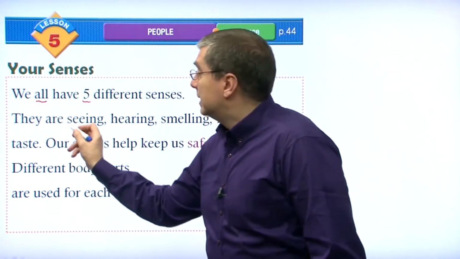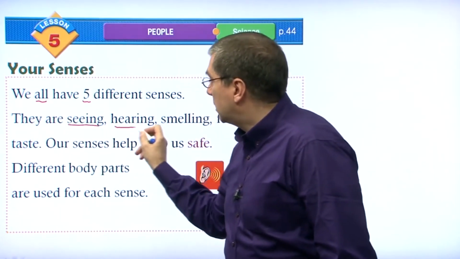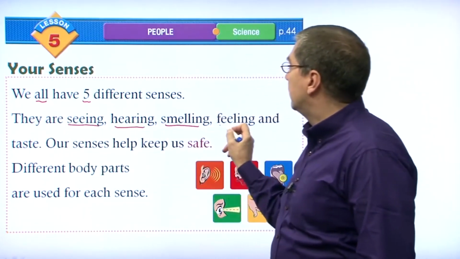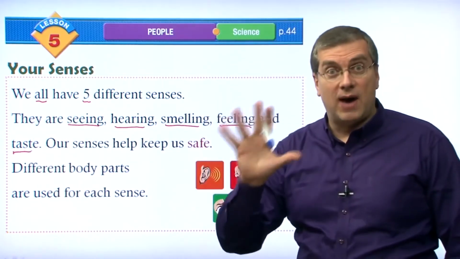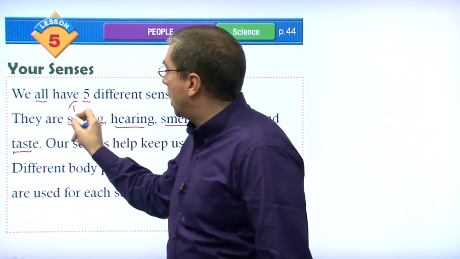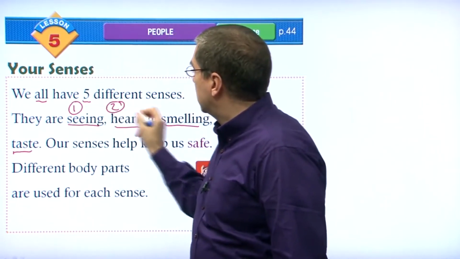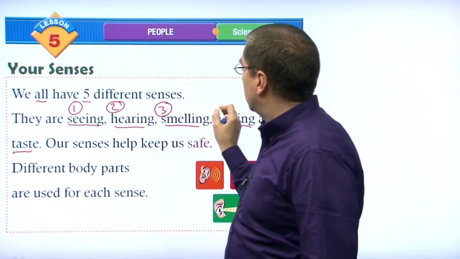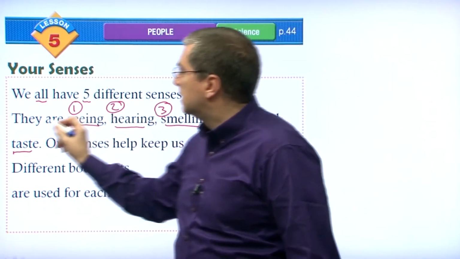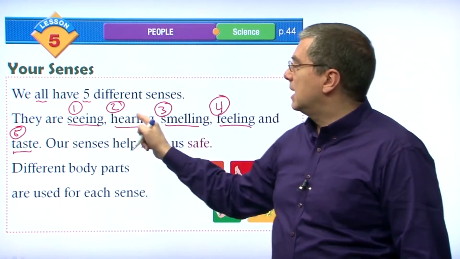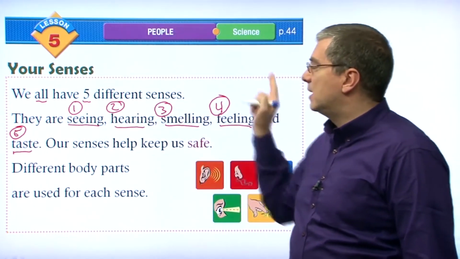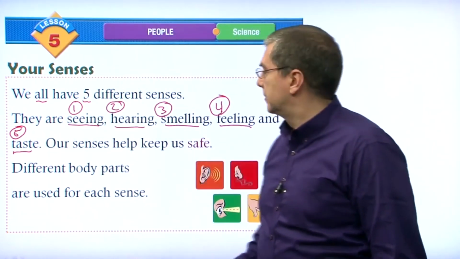They are seeing, hearing, smelling, feeling, and taste. So this is number 1, number 2, number 3, number 4, and number 5.